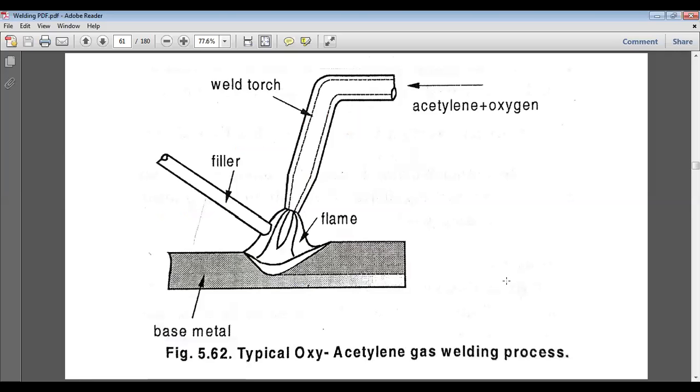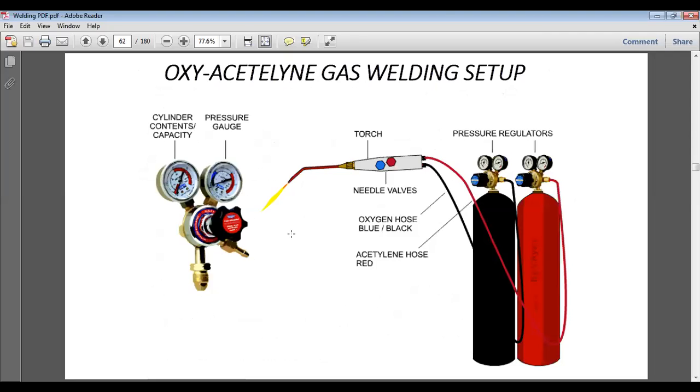The weld torch is a requirement, and it is basically the chamber where the mixture of oxygen and acetylene comes out. This is the filler metal. Then we can see this is the base metal. This is the flame. This is the weld pool. You can see, this is the basic explanation of oxyacetylene welding. So this is the equipment.